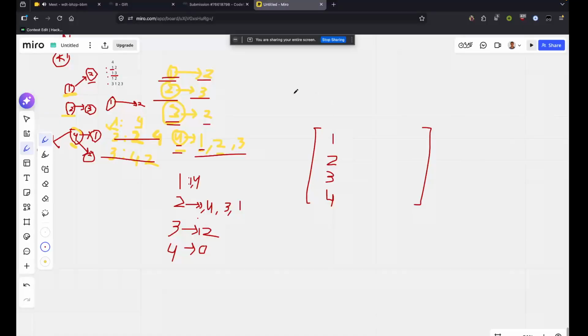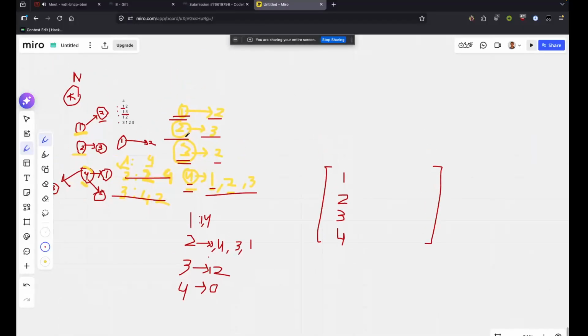So now what I did was, suppose person 1 is giving gifts to 2, right? So I go to person 1, okay, sorry. Person 1 is giving gifts to 2. At the receiving end, the person is 2. So I go to the second index and push the sender that is sending the gift.